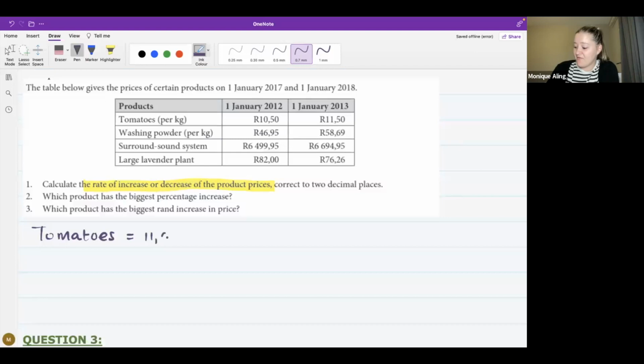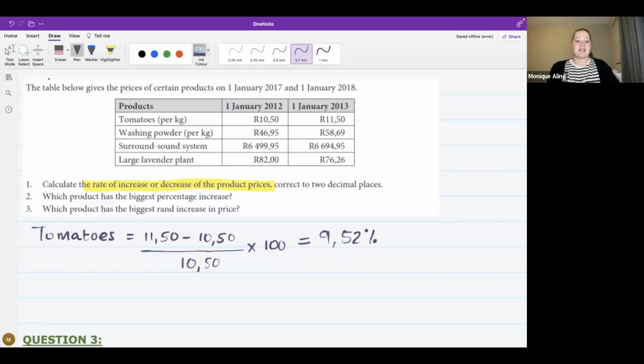So it's going to be 11.50 minus 10.50, or our new price minus old price over the old price times 100. And that gives you a percentage or inflation rate of 9.52%.